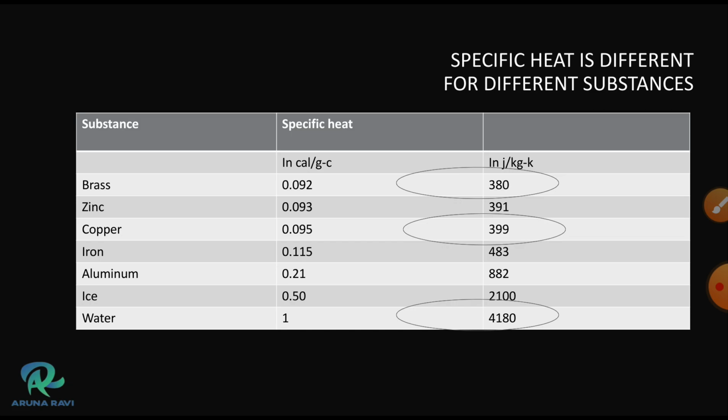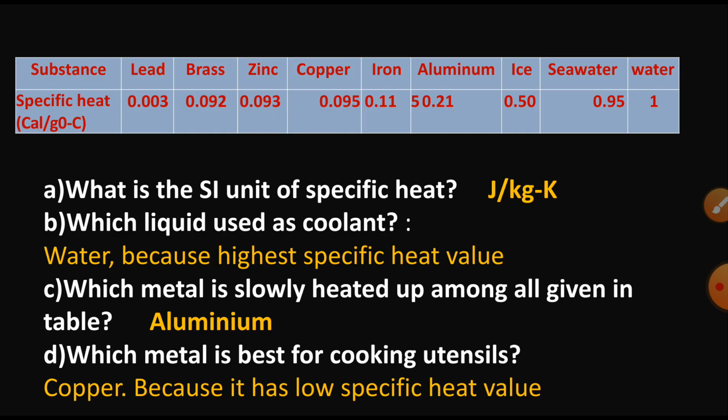Likewise, which substance is used as coolant? Then the temperature rise must be slow, so you have to choose the substance which has high specific heat. You have to remember those two points. Applying those two points, you have to answer for every application of specific heat.